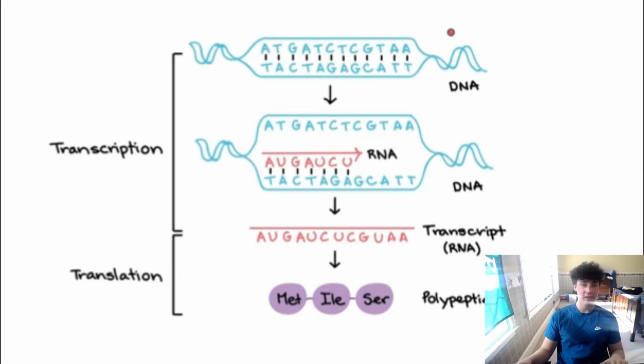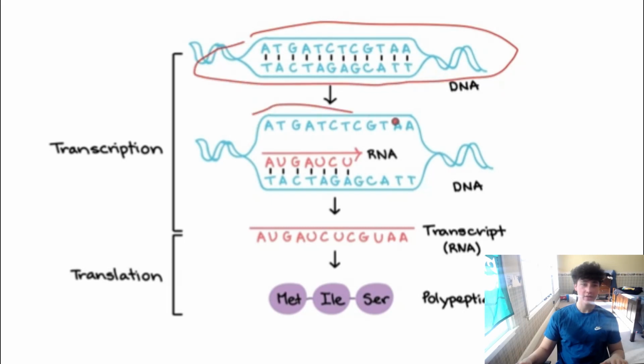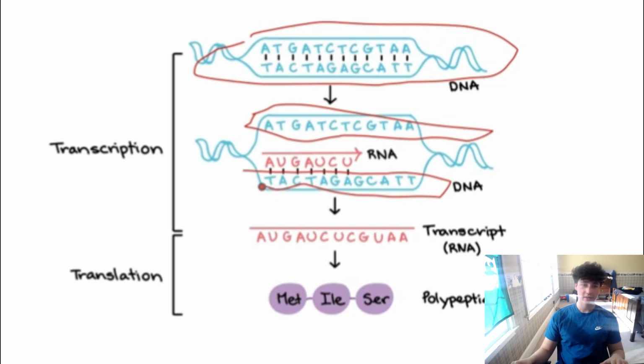All right, guys, let's talk about transcription. So transcription is going to look very similar to DNA replication. So the first thing that's going to need to happen is the opening up of that DNA molecule. So as you can see here, this DNA strand is going to open up. Now, this looks very similar to DNA replication because it's a very similar process.